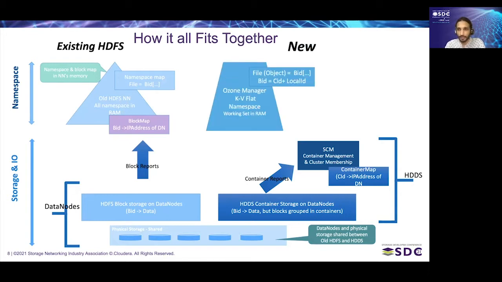So as we discussed, the name node has been divided into two separate metadata components. One is the SCM, more of a container manager, and then there is Ozone Manager, which manages the namespace. Ozone Manager keeps only a working set in RAM. So it has the mapping from file or object to set of blocks. Every block is represented by a block ID, which is a combination of container ID and local ID.